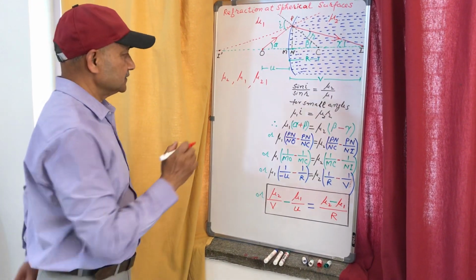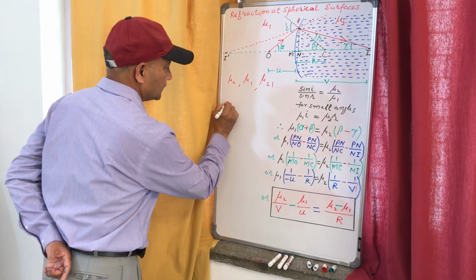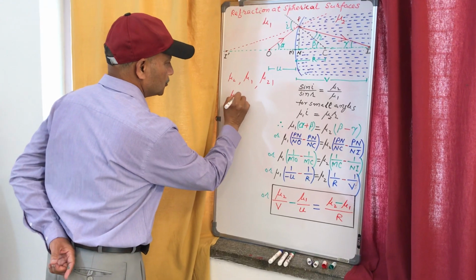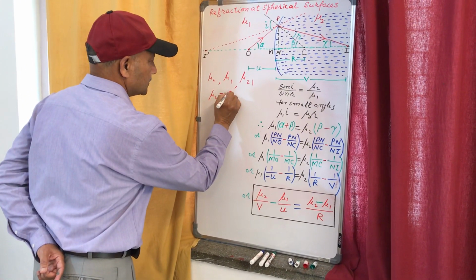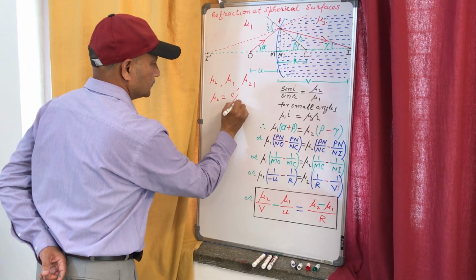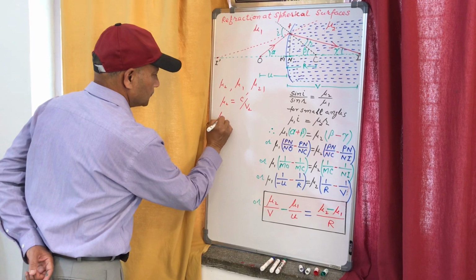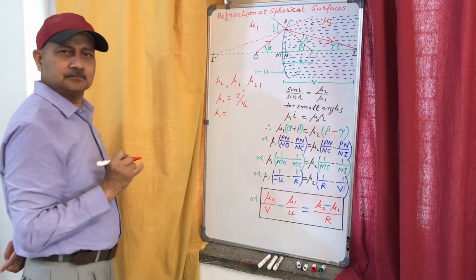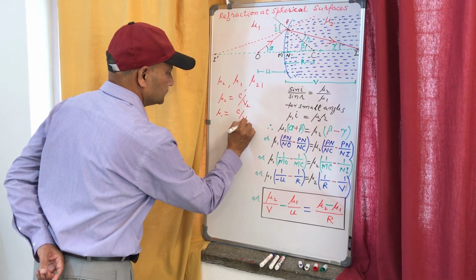According to the definition, mu2 is equal to C upon V2. Mu1 is equal to C upon V1.